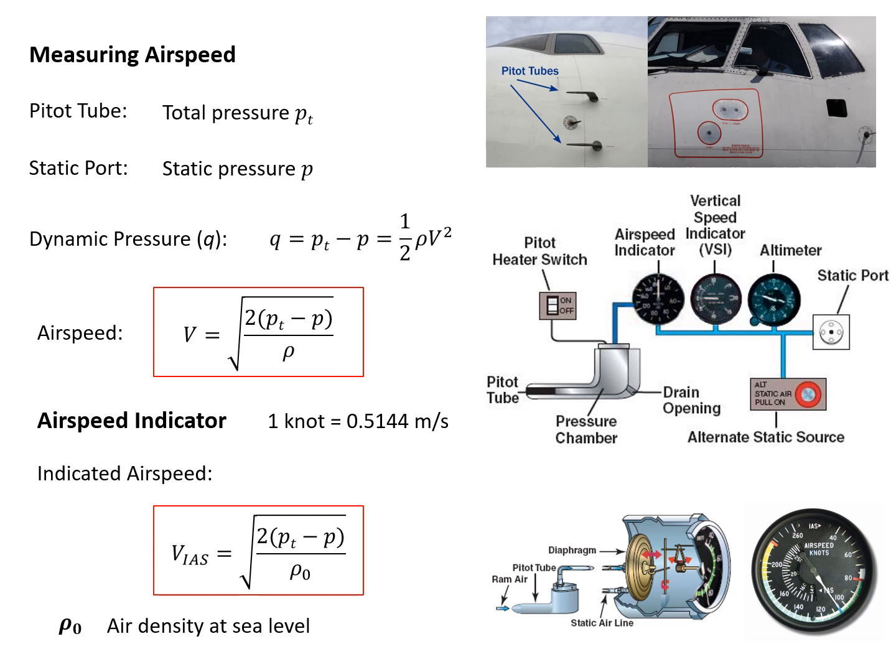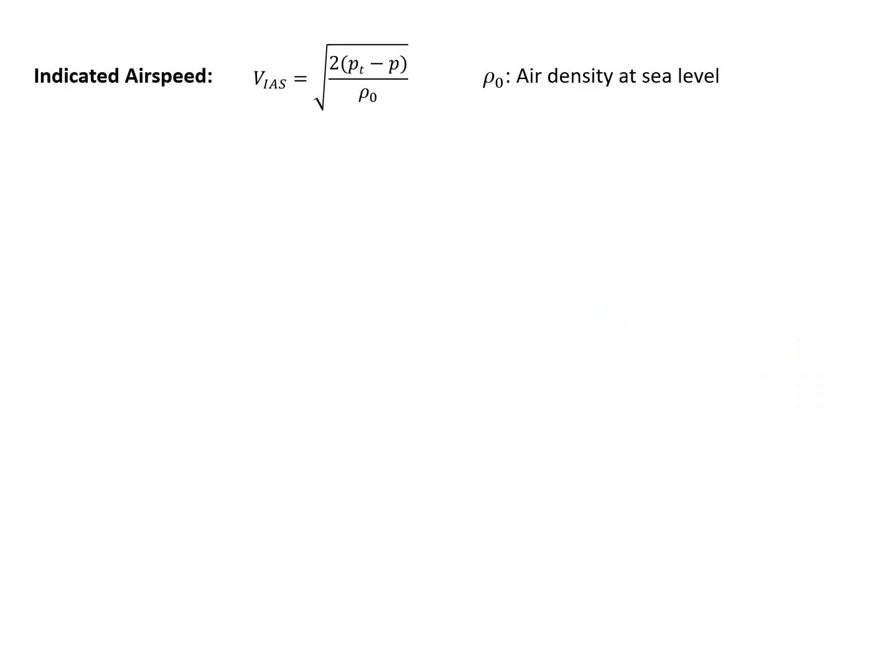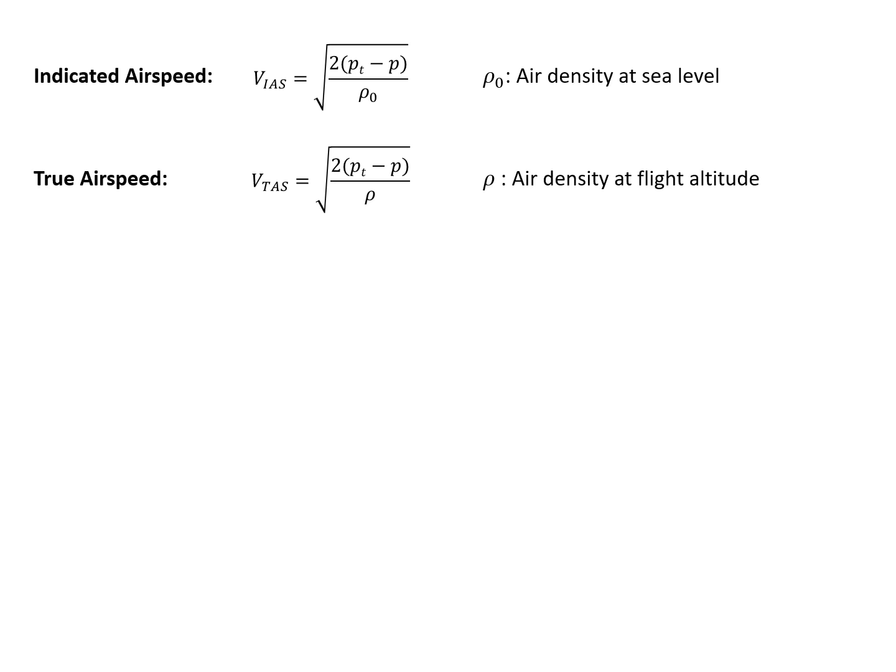So now we know the indicated airspeed is based on the sea level density. Just now we defined the indicated airspeed, and in the denominator we make use of the air density at sea level. And also we have the true airspeed, which makes use of the density at the flight altitude.